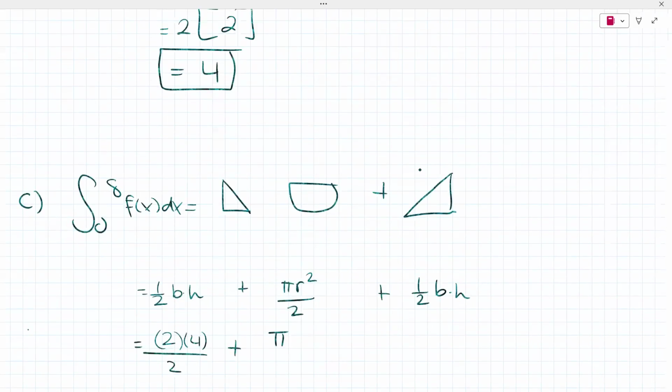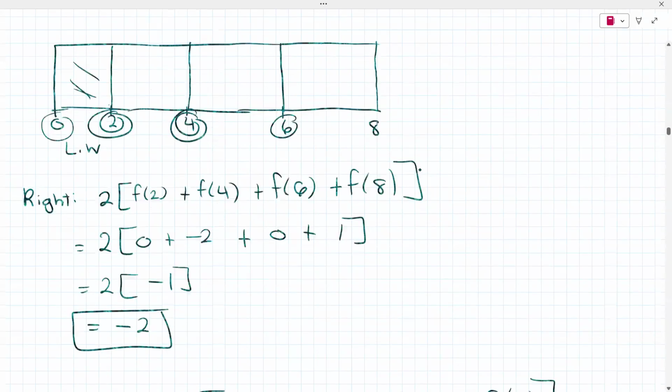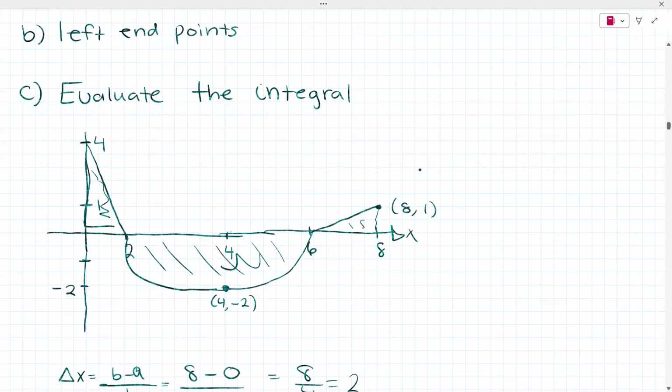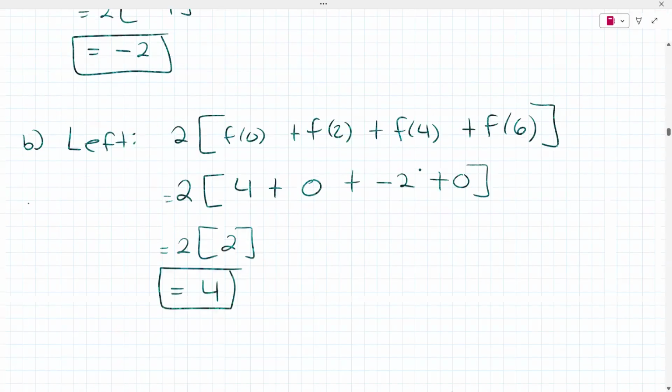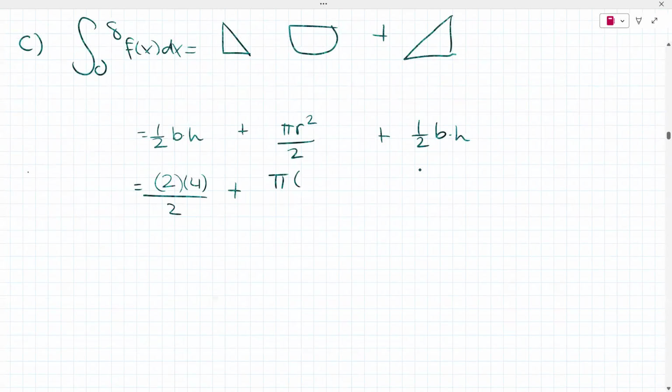Plus, over here, what is the radius? The radius is like the halfway point, so from 4 to 6, that's a total of 2. So my radius is 2, so that's going to be 2 squared pi over 2, plus 1/2.